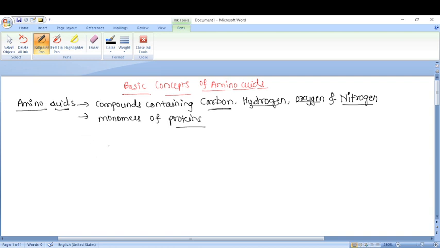We'll see the basic structure of the amino acid. Here is the carboxylic acid group. Amino acids contain the carboxylic acid group, and another one is the amino group.